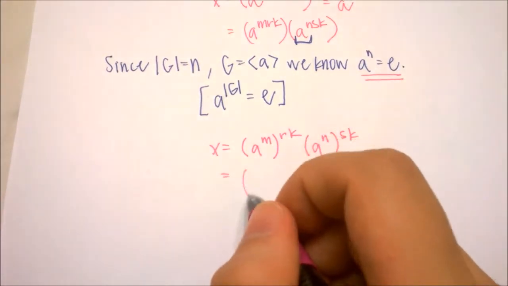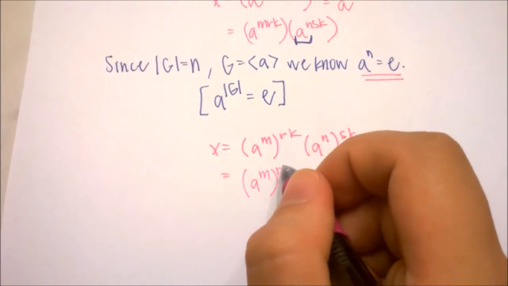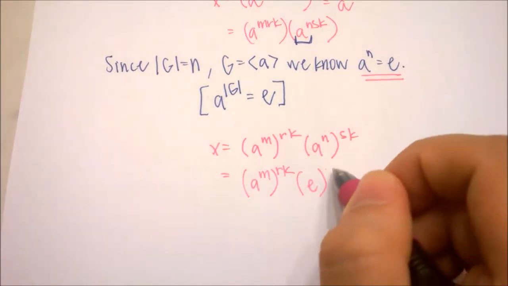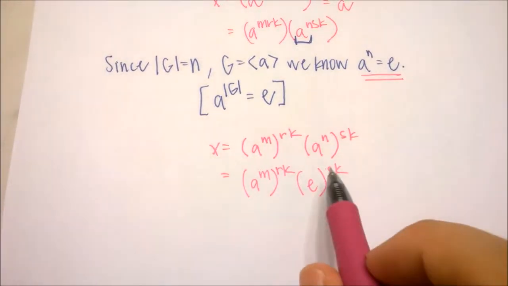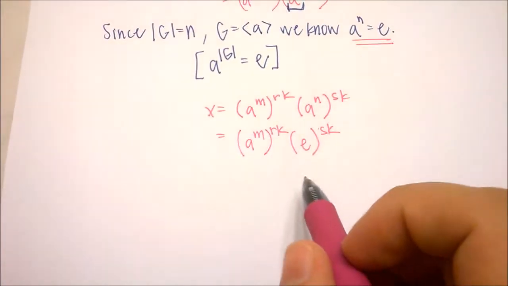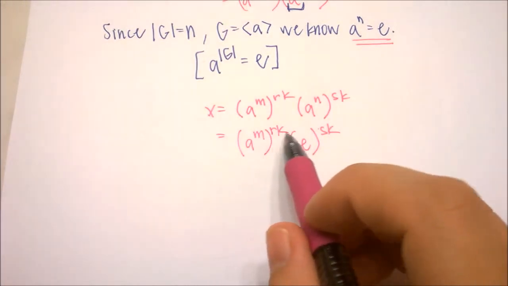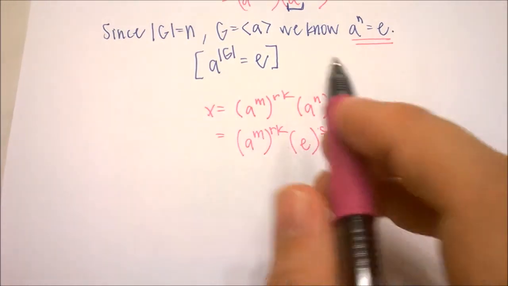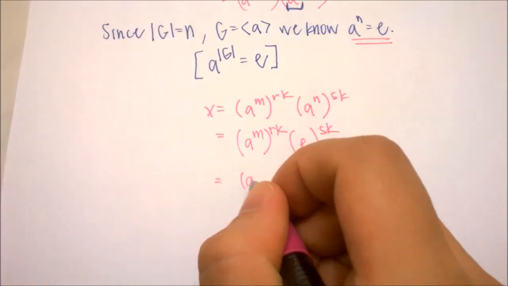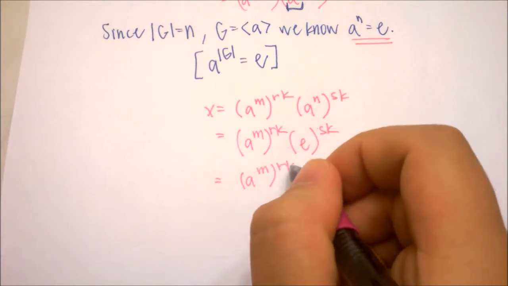So this just equals A to the mrk times the identity to the sk. And the identity raised to anything is just the identity, so this is just going to be E. And the identity times anything is just that thing. So this is just going to equal A to the mrk.